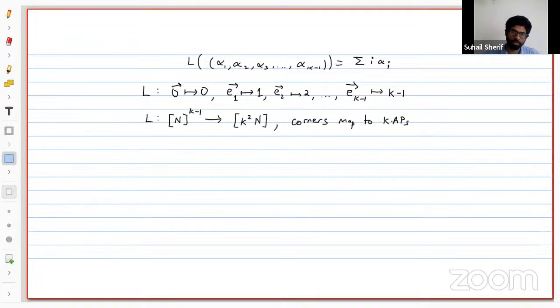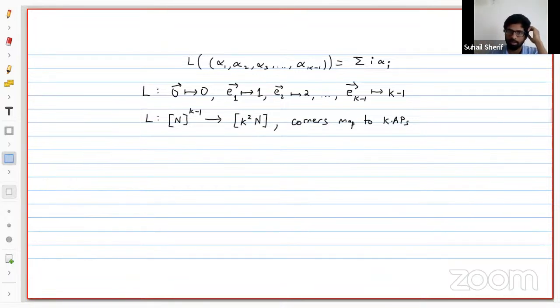And it maps this K minus 1 dimensional grid to numbers between 0 and K square n as a rough upper bound. And it has this property that if you take a K minus 1 dimensional corner, its K points will map to a K term arithmetic progression.